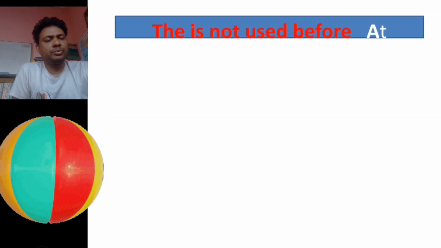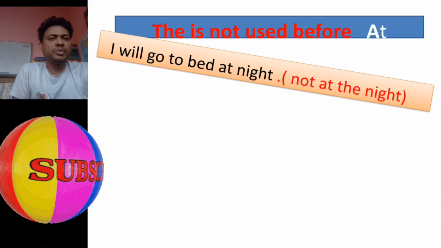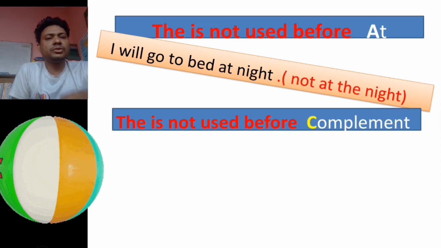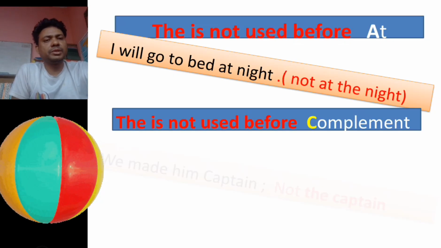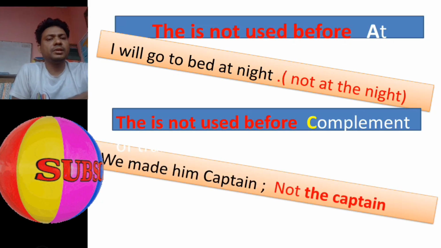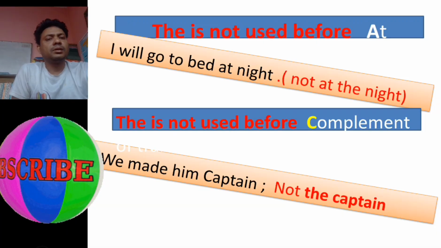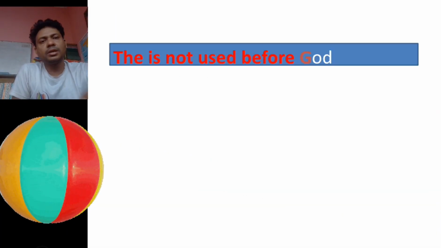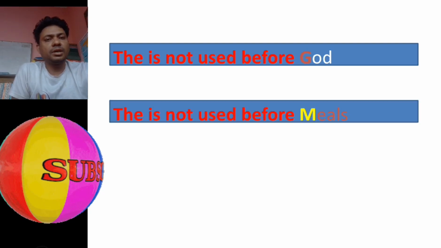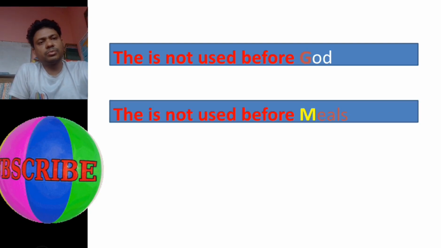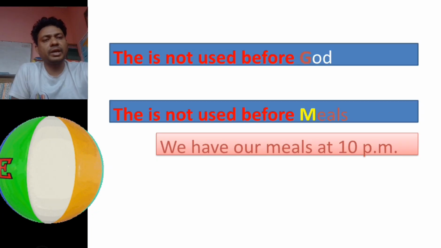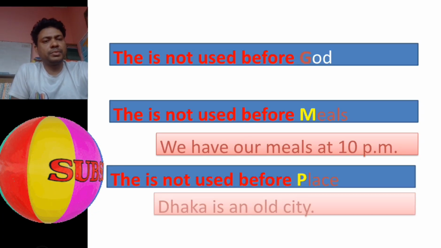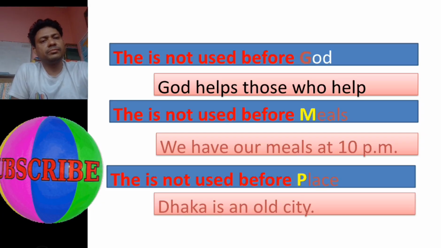This is not used before at. I will go to bed at night. At night, the বসবে না. This is not used before complement. Complement এ the বসে না. We made him captain, not the captain. Only captain. This is not used before mails. Mails এ the বসে না. We have our mails at 10 p.m. This is not used before place. Dhaka is an old city.